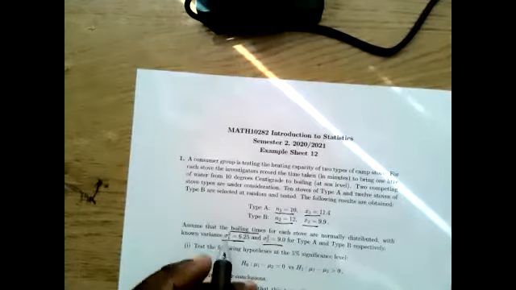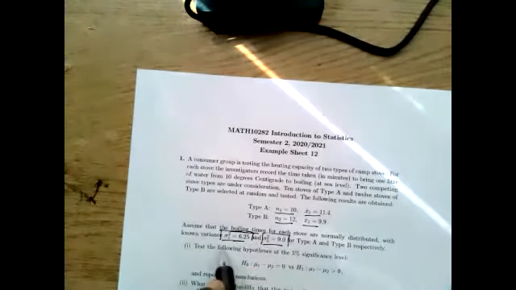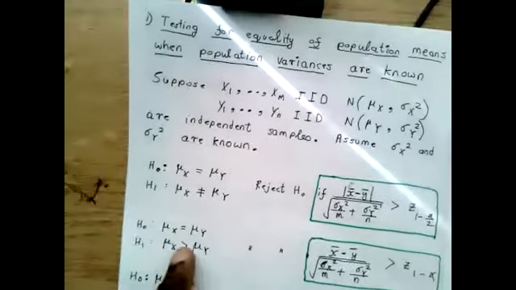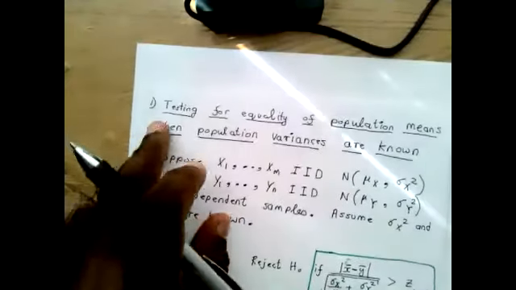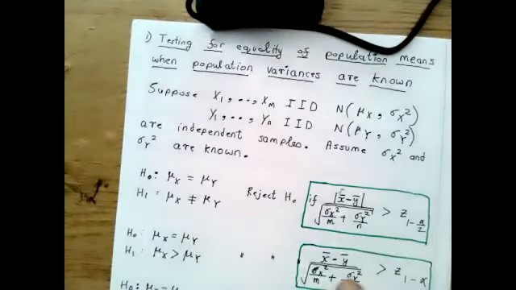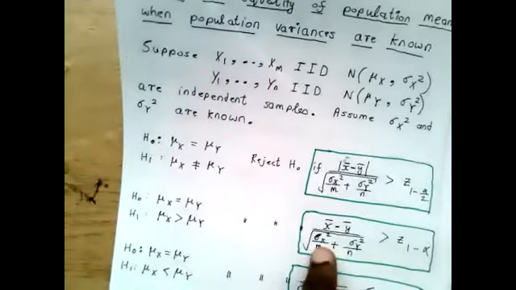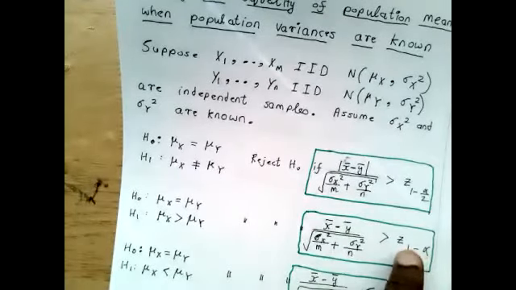Now, in this question, it clearly says that the population variances are known. So these are the 2 population variances. They are assumed to be known, right? And we are trying to test this versus this. So clearly, the rule that we need to use is under case number 1, and the rule is this one here: reject the null hypothesis if this is greater than this.